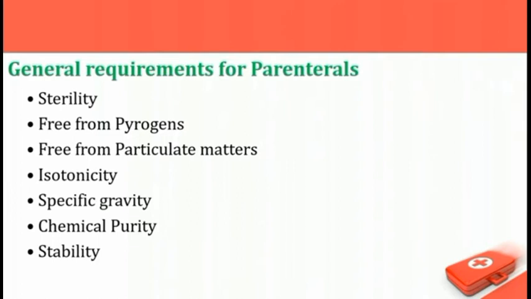The first one is antioxidants. They are reducing agents: ascorbic acid, sodium bisulfite, sodium metabisulfite and thiourea.